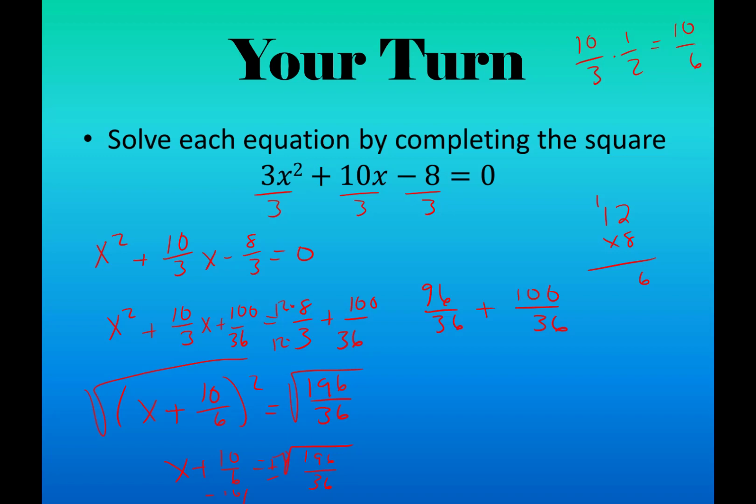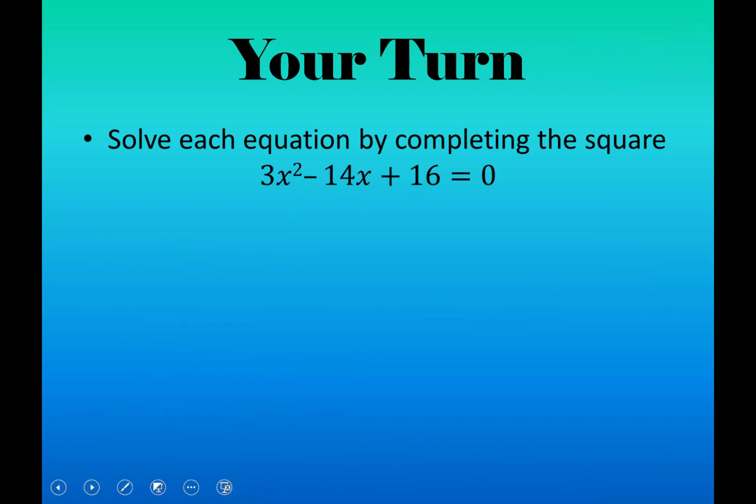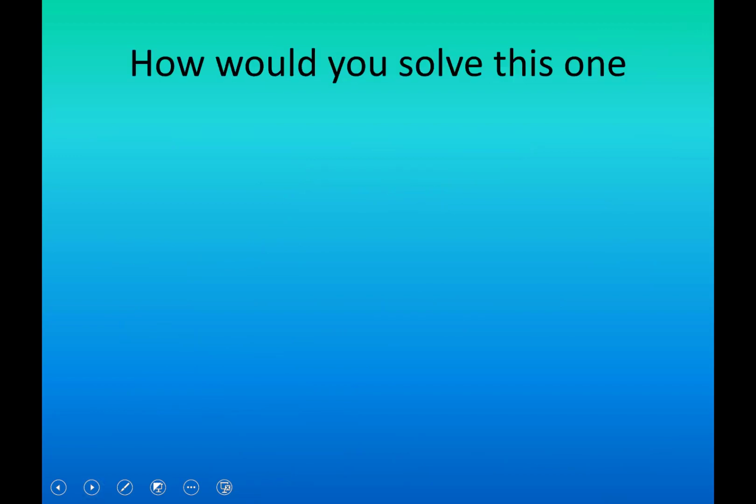I'm going to minus 10 over 6. Now, if I had my calculator, we'd rock and roll. I don't want to figure it out and make a video that's 100 minutes long. So I would say negative 10 over 6 plus or minus this. And I have faith that you guys can all figure that out. Okay, so that's like the second part of your homework. Yeah, we're not going to do that again.